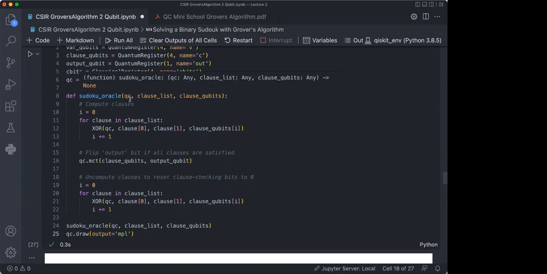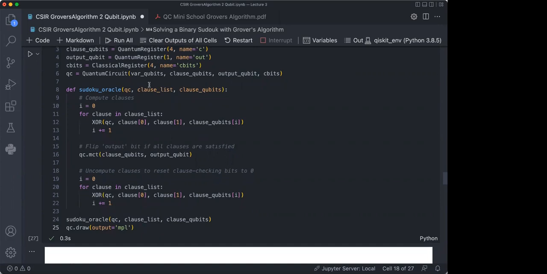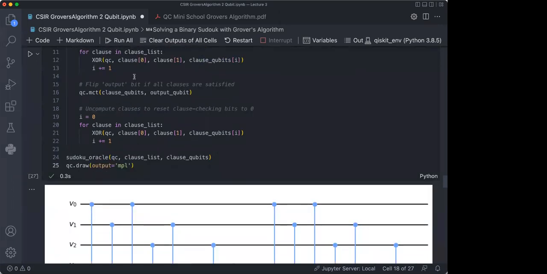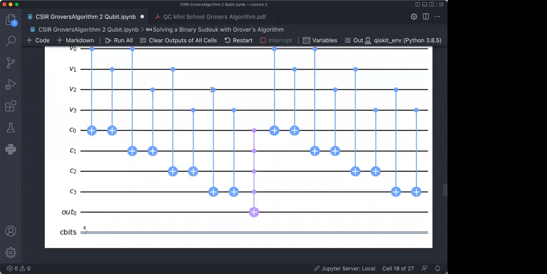The Sudoku oracle is defined taking in a quantum circuit, a list of the clauses and the clause qubits, and you can write it here such that it uses XOR to compare all the clauses in your clause list. Then it does a multi-controlled Toffoli, and we do the uncomputing part. And that's how we get the Grover's oracle.